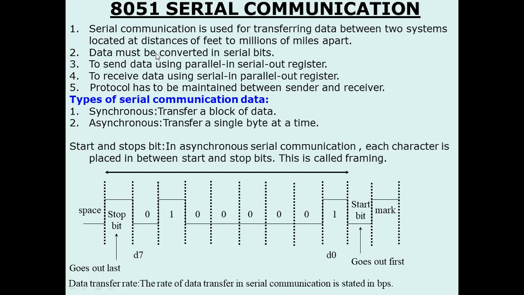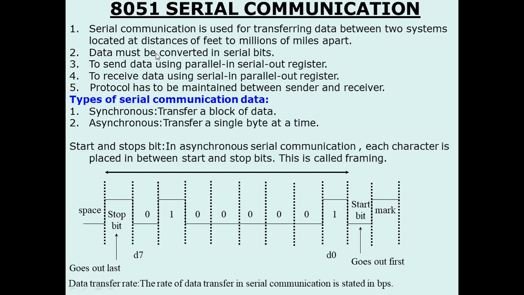So to send data using this parallel in serial out register, whatever data transfer we have learned inside the microcontroller using move instructions, these data are moved parallelly.